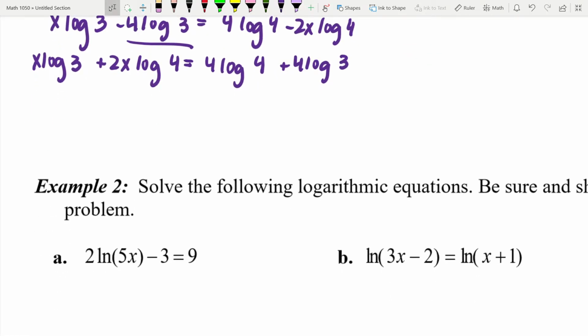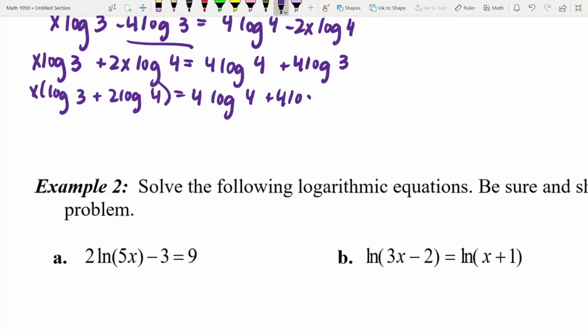What do I do now? You're going to see this. What do we do? Take out an x. If I take out an x, I'm left with log 3 plus 2 log 4 equals 4 log 4 plus 4 log 3. This is what people say to me: I don't know if this 4 log 4 plus 4 log 3 goes on the bottom or the log 3 plus 2 log 4 goes on the bottom.